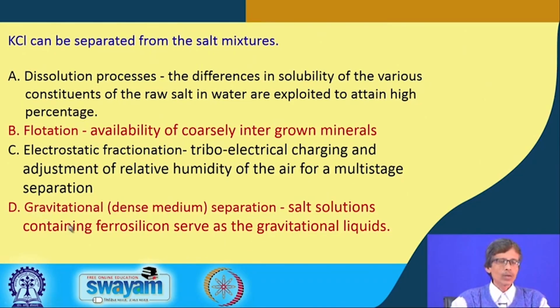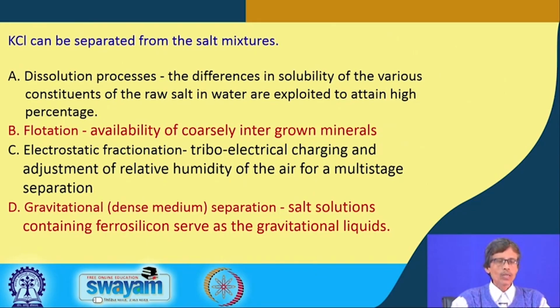Then lastly we can go for a gravitational separation, because it depends upon your particle size and the density of the particles of the corresponding minerals or ores. Depending upon its different types, whether you have a pure potassium chloride sample or it is mixed with magnesium chloride or magnesium sulfate, you can have differently dense material in your hand.